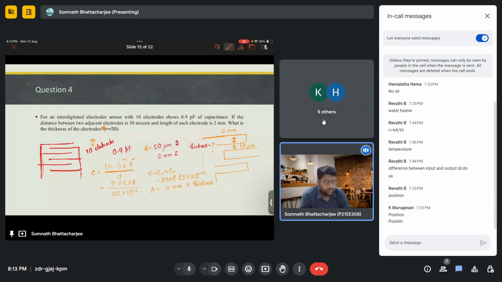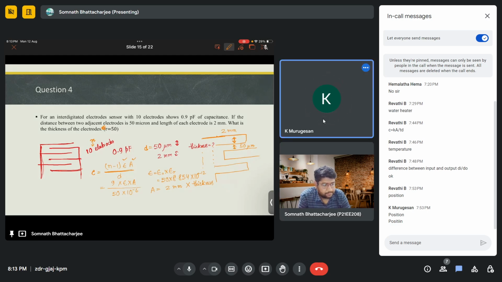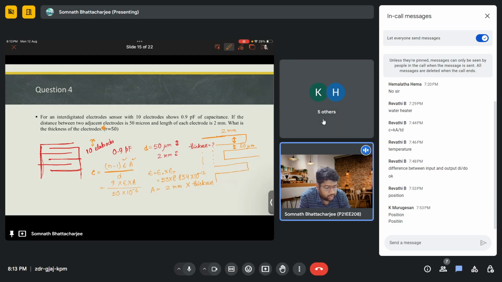So what's the value of C here? Have you calculated that? So if we put it here, the value of A will be 50 into 10 to the power minus 6 into 0.9 picofarad, divided by 9 into epsilon, that was 50 into 8.854 into 10 to the power minus 12.